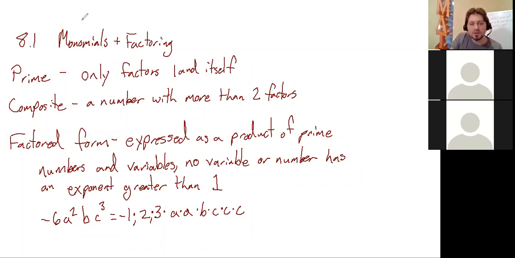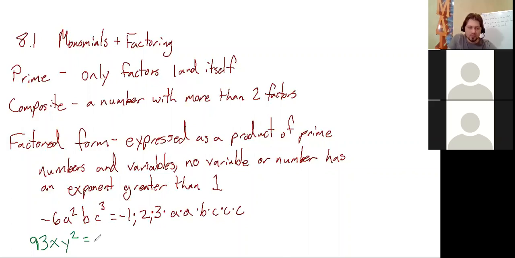All right, so to create the factored form of 93xy squared. 93 has 4 factors technically.